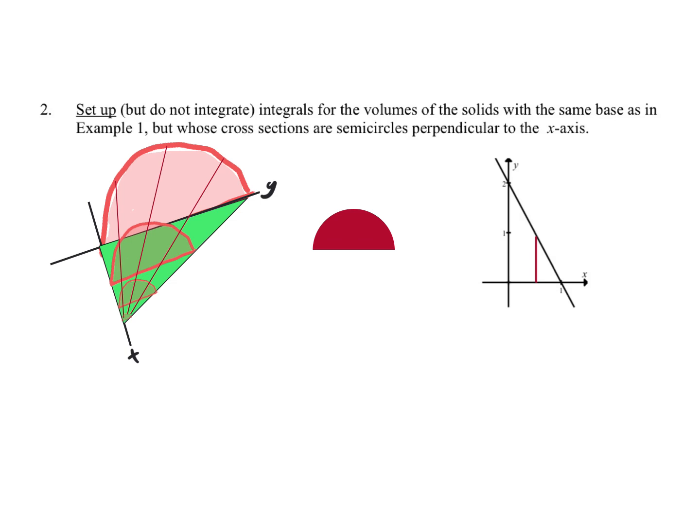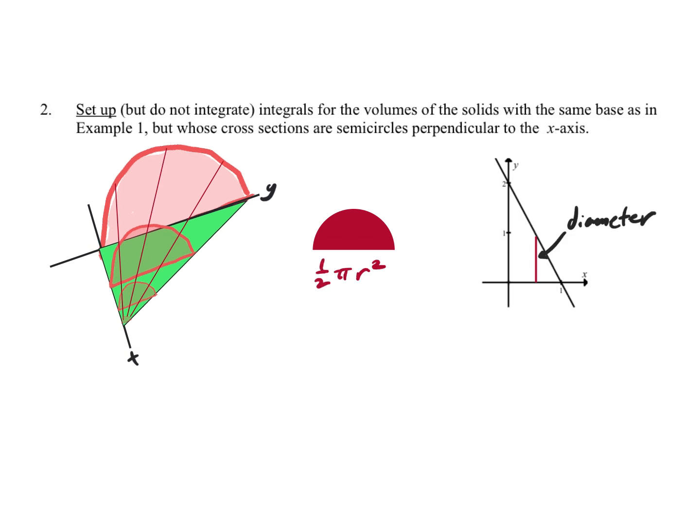Since the area of this semicircle is 1/2 pi r squared, this is the area. I should write that in. As I mentioned before, this is the diameter, so I need to find the radius. We know that this diameter is negative 2x plus 2, so I just need half of that.